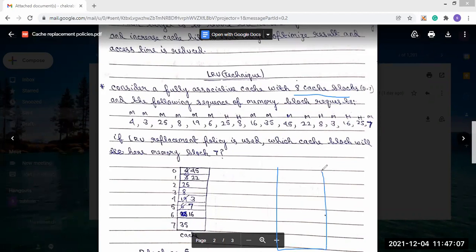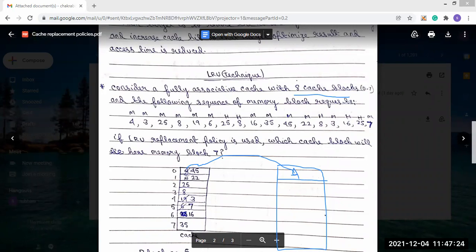Now let's say this is our main memory. The first block is 4, so this 4 will move to the cache first. Then 3 will move.